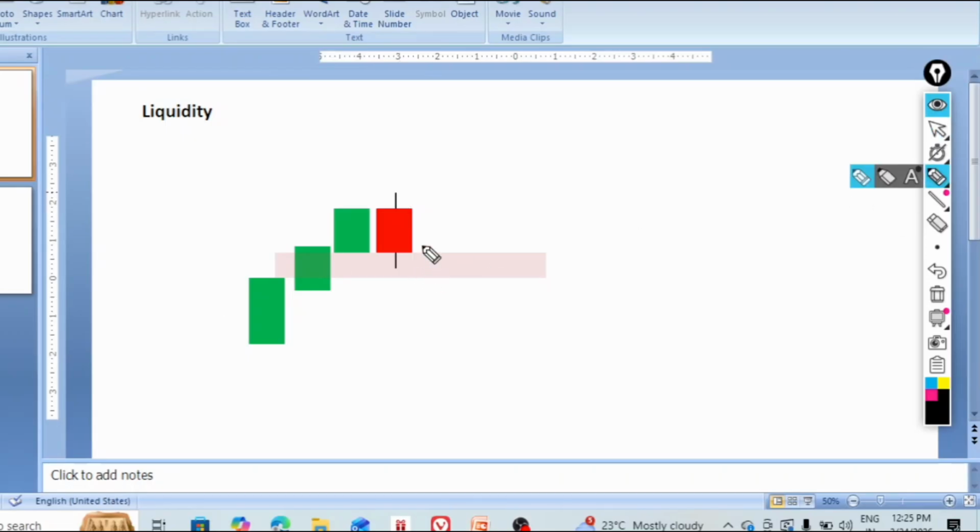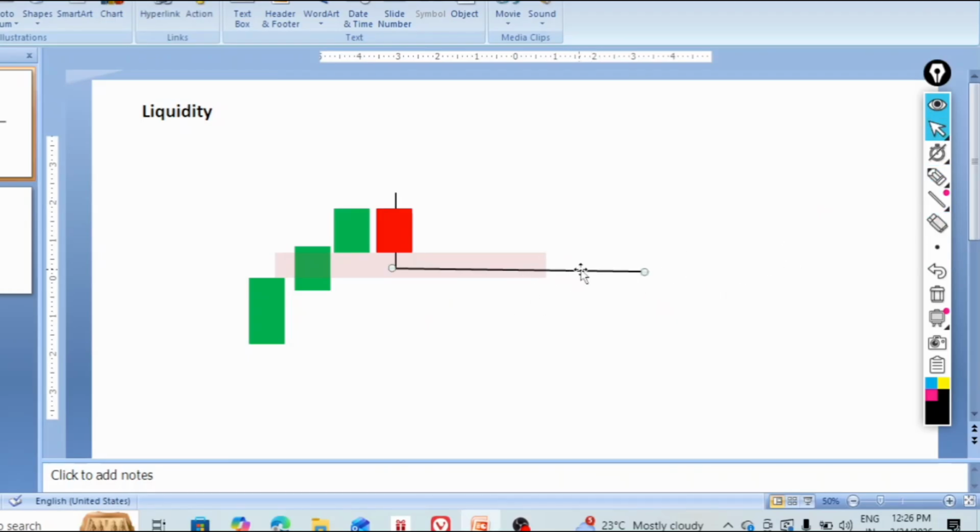After mitigation of the gap, the lowest point, where there is mitigation, will become our liquidity level. So if you see any gap, just know that there is liquidity. If there is a fair value gap, there is liquidity. There will be liquidity at this point.